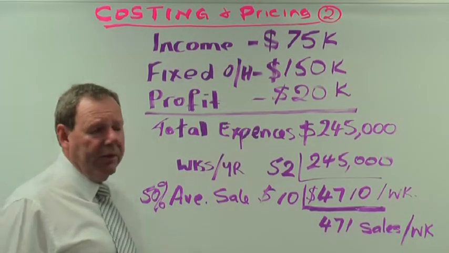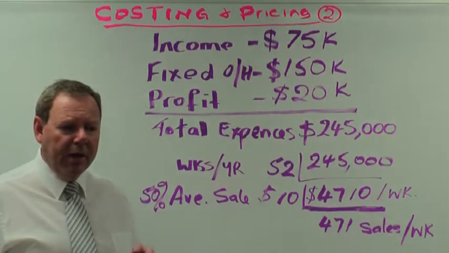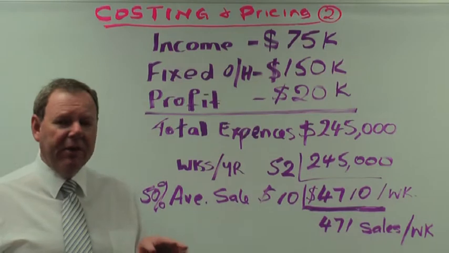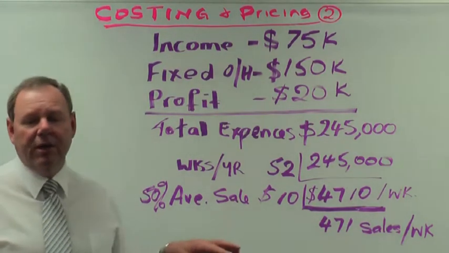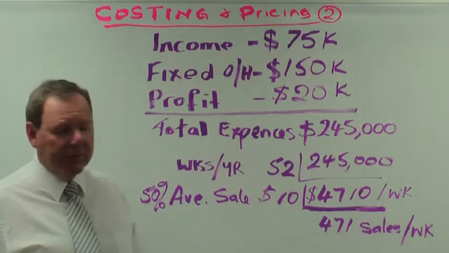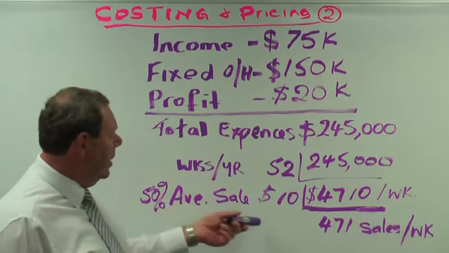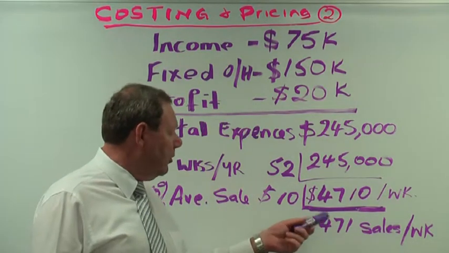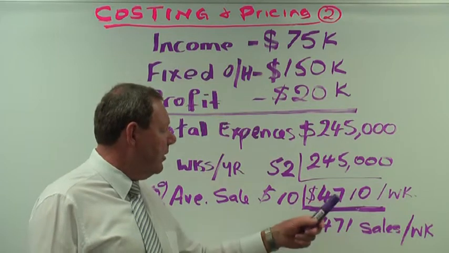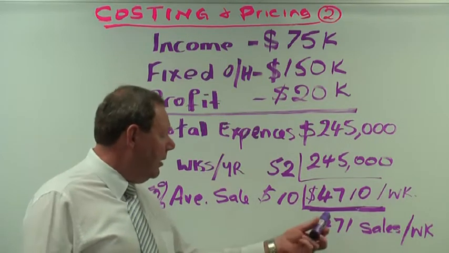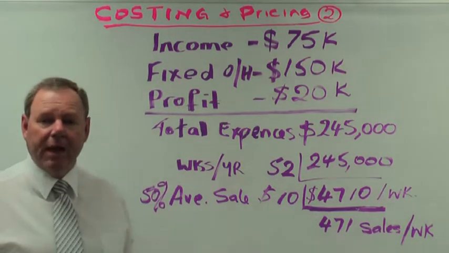So using the theory of a 100% markup, and anticipating that in this scenario the average sale is going to be $20 per sale, that means 50% of the average sale, $10 out of the $20, divided into the $4,710 per week, is 471 sales per week that you would need to be making.